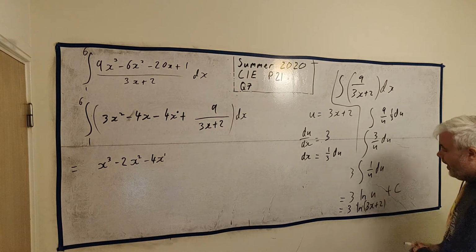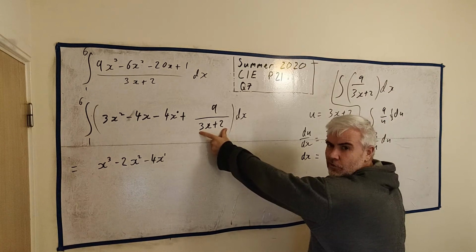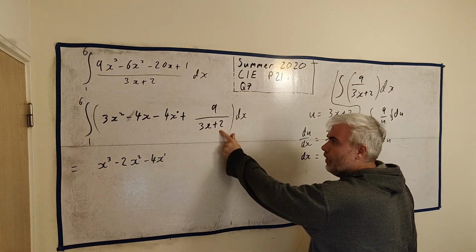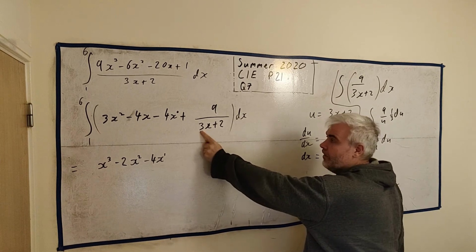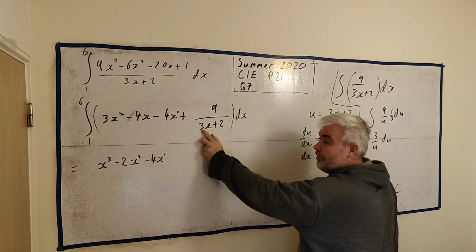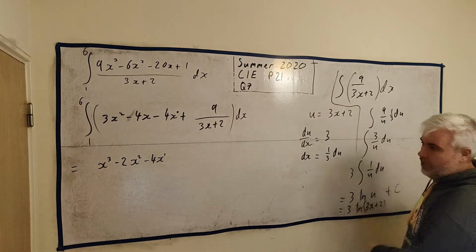Anyway, a lot of students will just look at this and say, well, that's the natural log of 3x plus 2 divided by the derivative of the inside, so divided by 3. 9 divided by 3, that's where we got this outside 3 here.